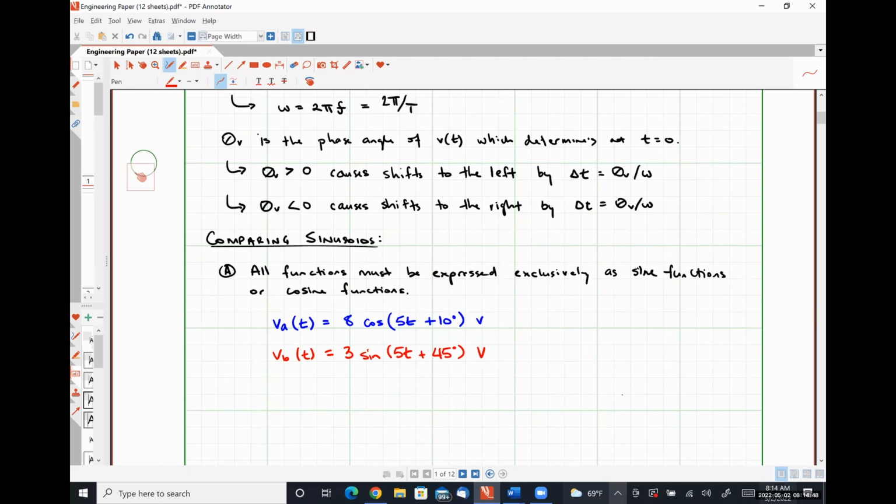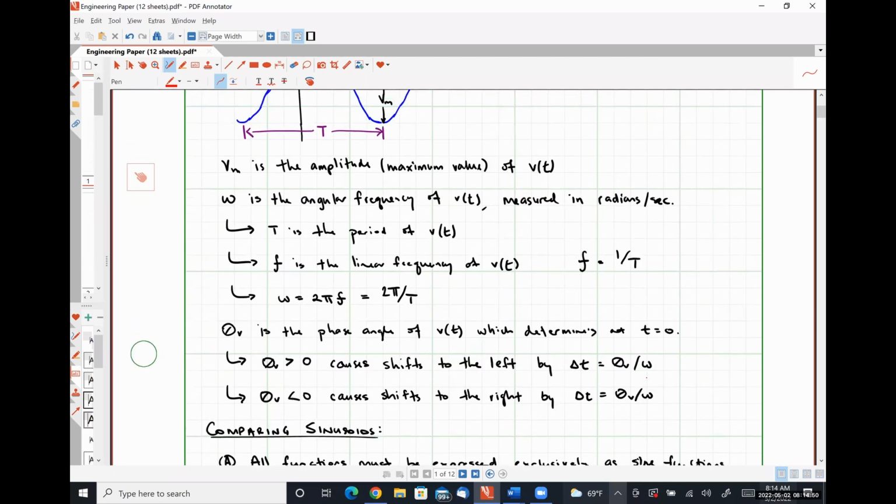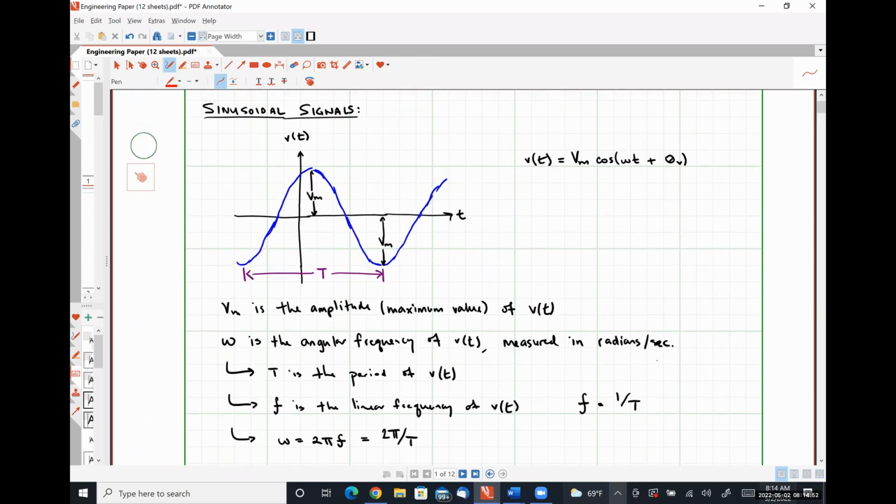Now, I'm going to scroll back up here so that we can look at our original graph. Hopefully, we all know that sinusoidal functions, both cosines and sines, look identically the same. It's just that one signal is more advanced in time than the other, right? So we're now going to introduce a couple of trig identities that will let us convert back and forth between sine functions and cosine functions.